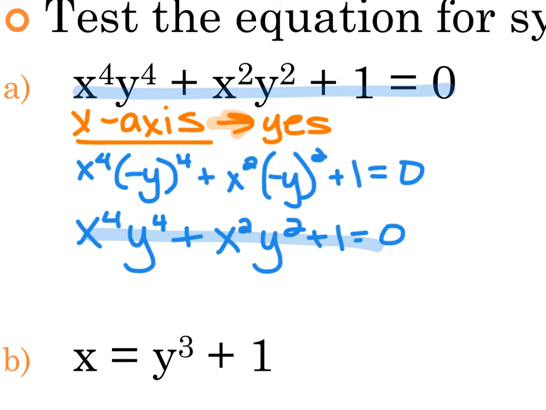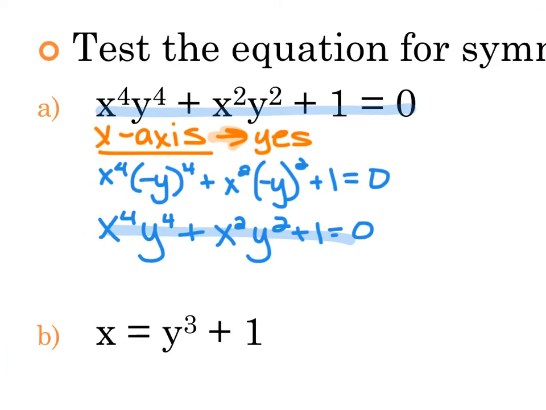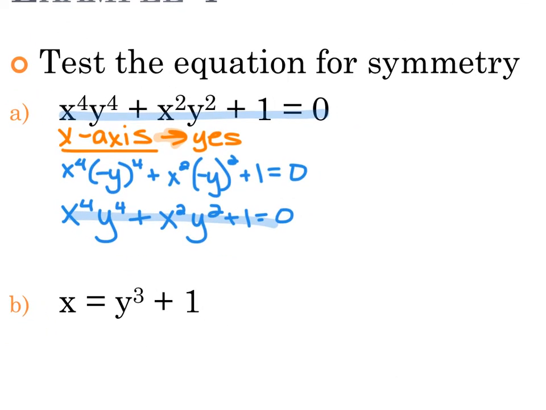What kind of exponent's going to leave a negative? An odd power. So if that was x to the third or y to the third, when we plug in, obviously it's not going to get rid of it. Then I would test for the y-axis symmetry. So this time I'm going to plug in a negative x.